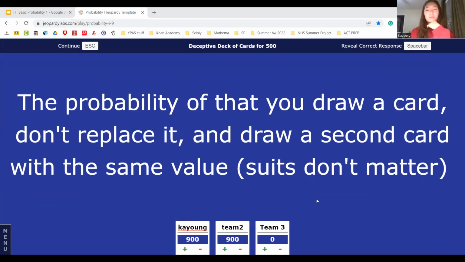I think this one was tricky. Well, I mean, you wouldn't need a probability for the first draw because it doesn't have to be a specific number on the first draw. It's just the second number.